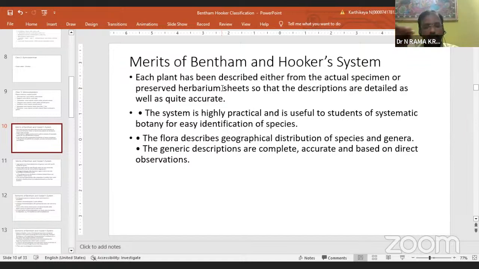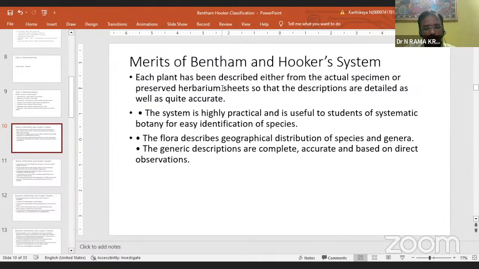Ranales is placed first, which is a primitive plant. That's the beginning of dicotyledons. Regarding it as primitive by their taxonomies, that's why they gave it the first position in the classification.